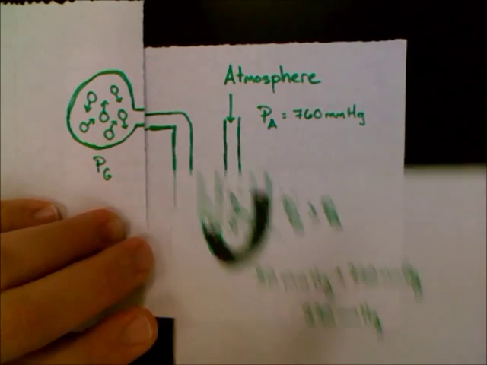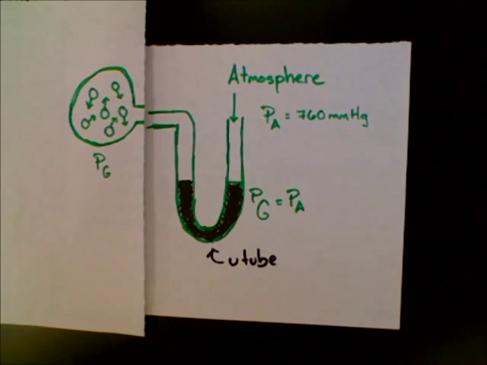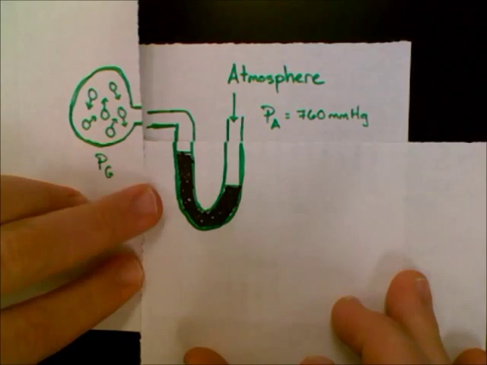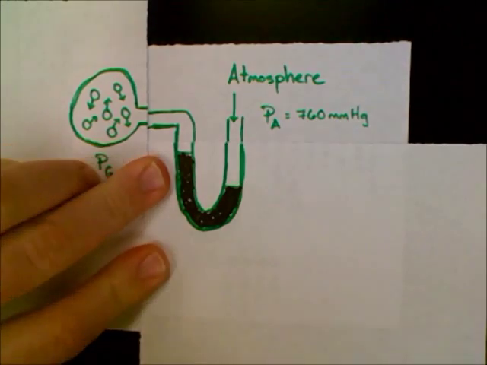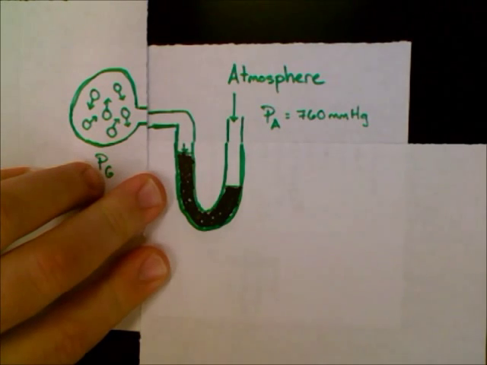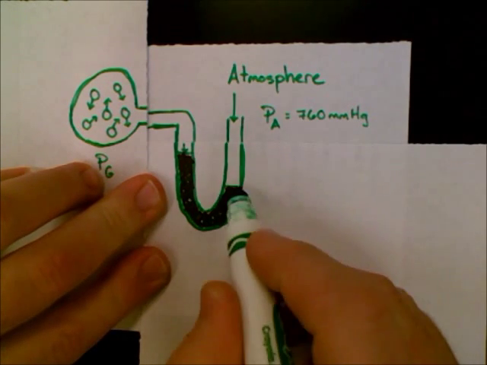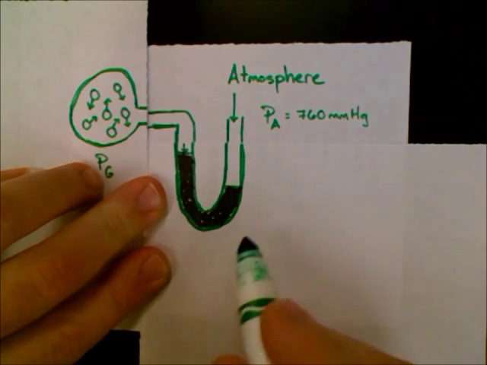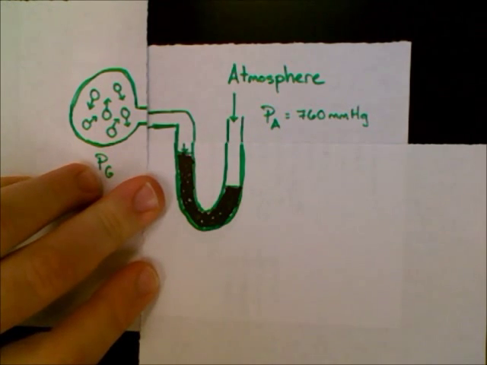Now, the converse could have happened. Instead of it being greater than, we could have gotten something that looked a little bit more like this. Again, we still have our gas over here. It's still pushing down, but we can see that the mercury has been pushed over towards the gas.